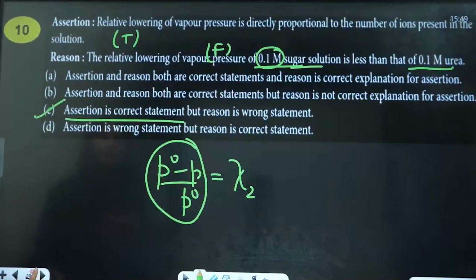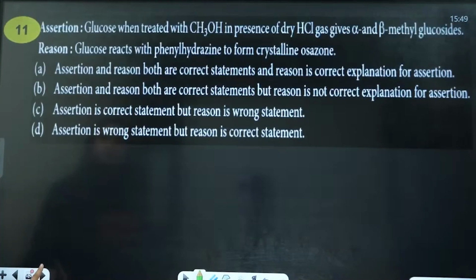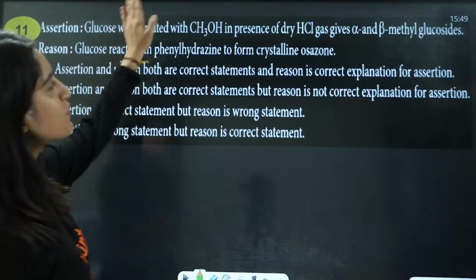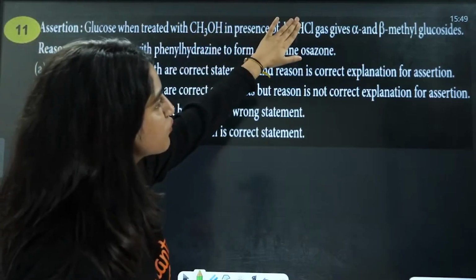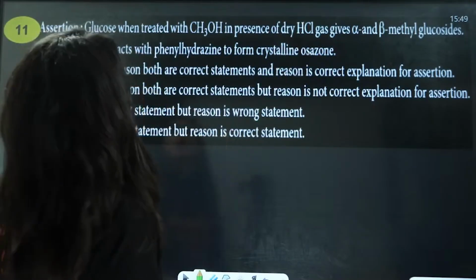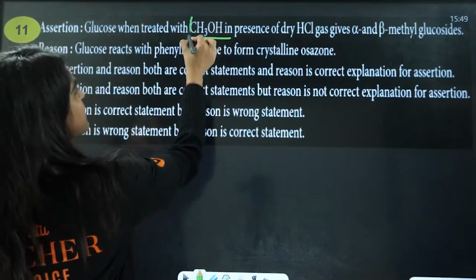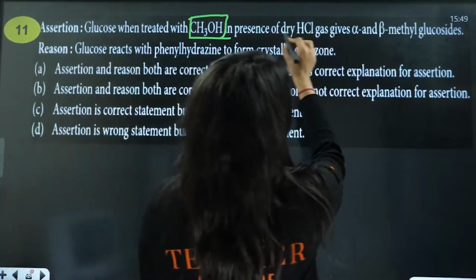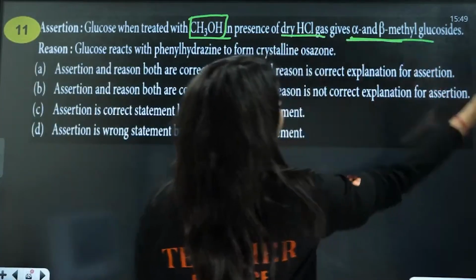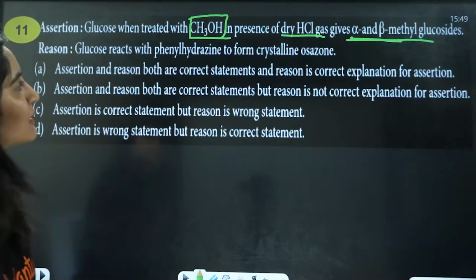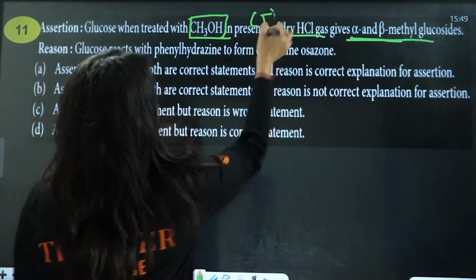Next thing we have, glucose when treated with CH3OH in presence of dry HCl produces alpha beta methyl glycoside. That statement is exactly true, right?